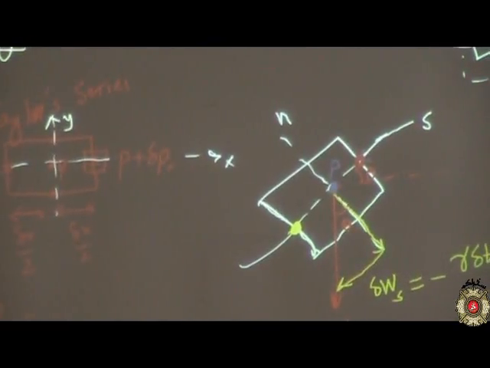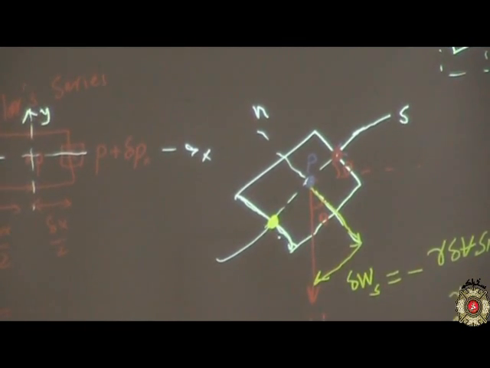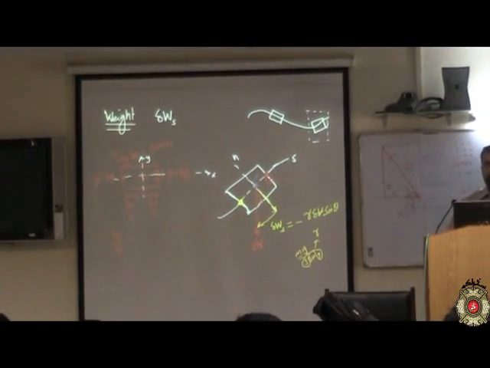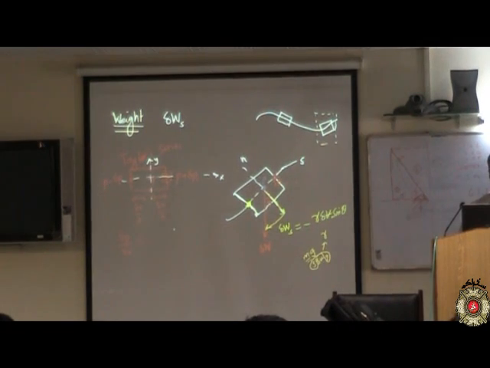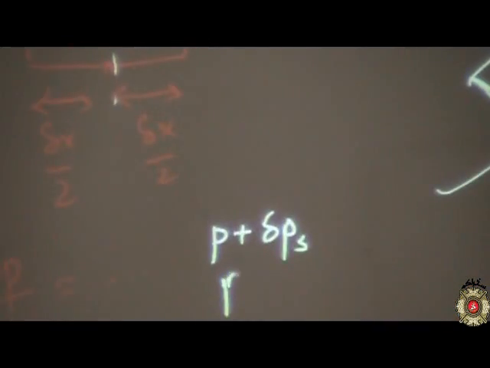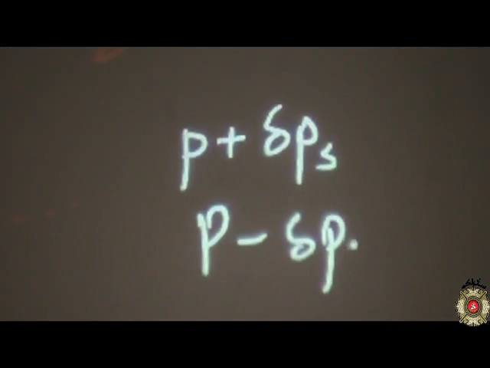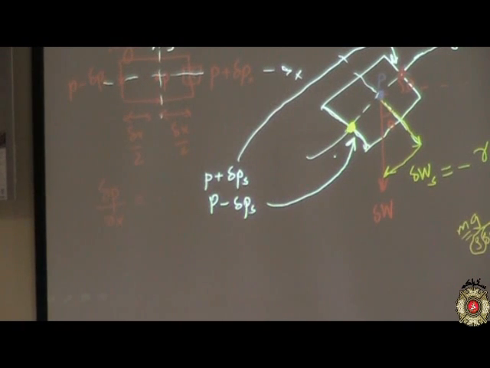Now nothing has happened other than I have tilted this fluid particle, and the two axes which I am talking about are s and n. That's about it. So what I should be looking at is now p plus delta p_s and p minus delta p_s. This corresponds to this point and this corresponds to this point.